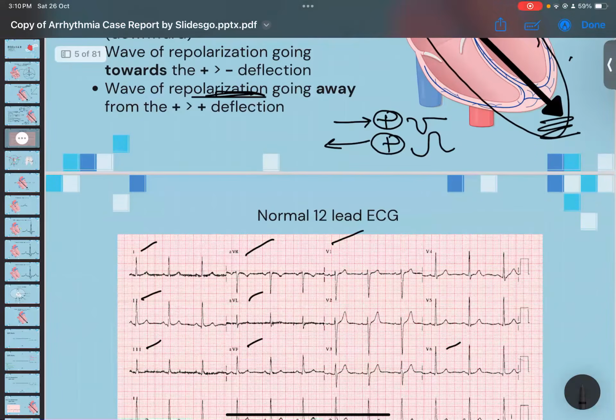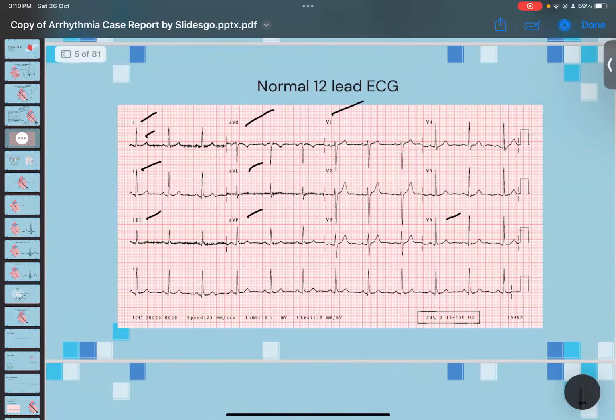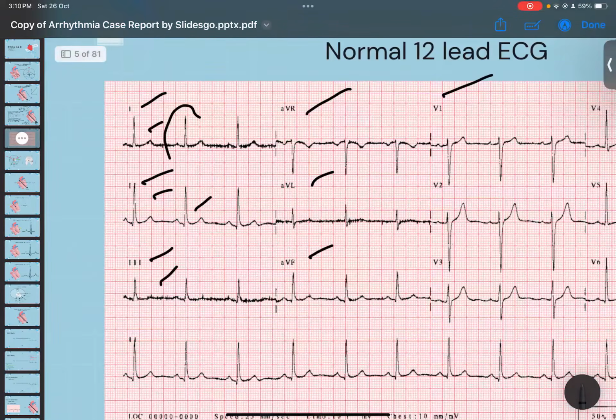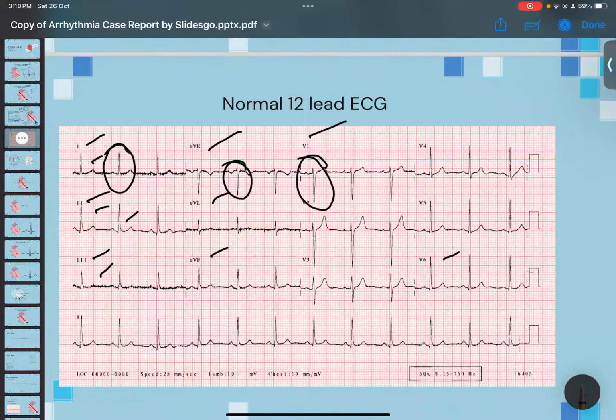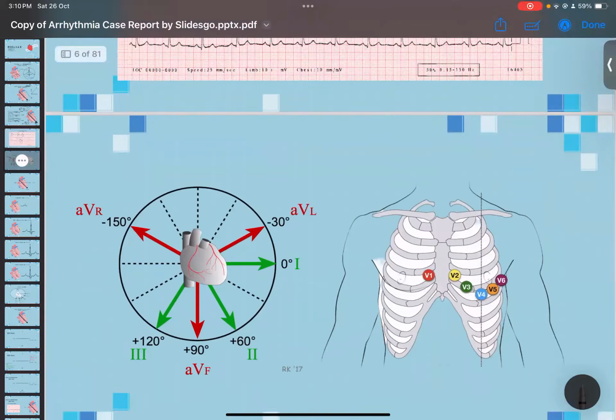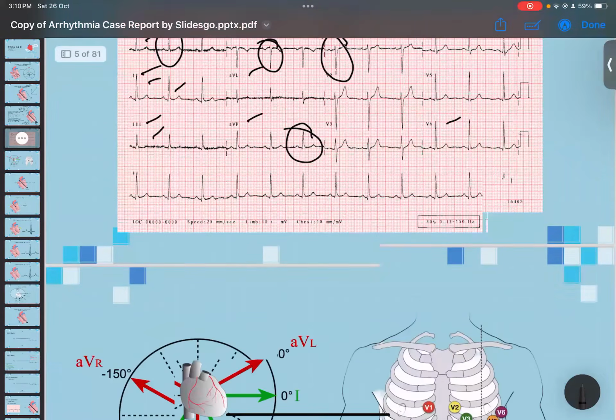If they're depicting the same vector, why is the electrical activity in each of these leads different? As you can see, lead 1 has a different electrical activity compared to, let's say, aVR. Similarly, the electrical activity in V1 is different from aVF. The reason is that these leads are placed at different positions on your body.